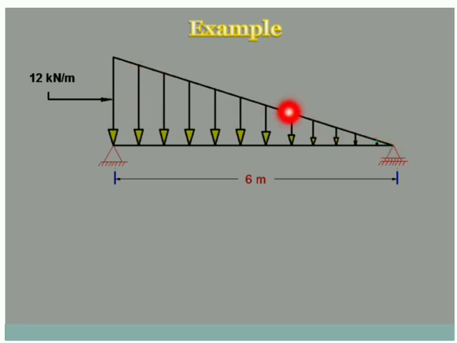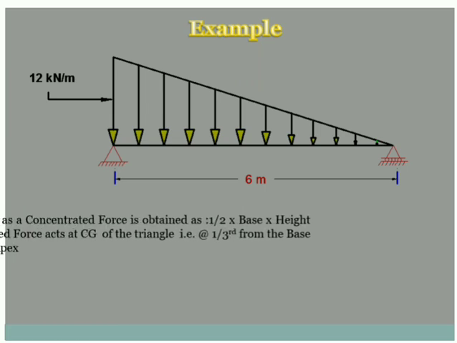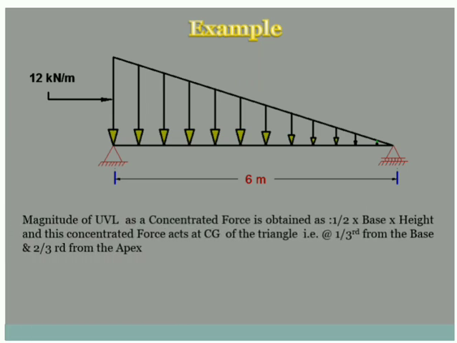So now we have a triangular UVL of intensity 12 and span I have kept as 6 only. So the magnitude of this UVL as a concentrated force is obtained as half into base into height, and this concentrated force acts at the CG of the triangle, that is 1/3 from the base, or 2/3 from the apex.